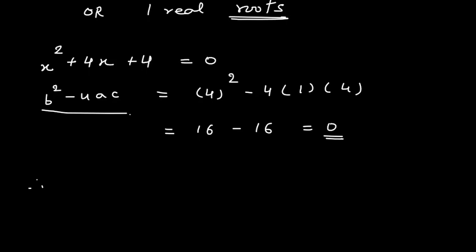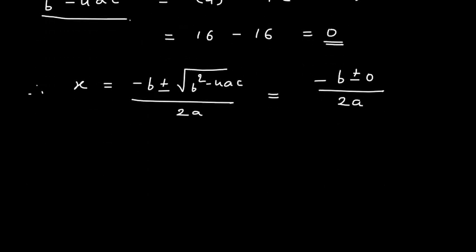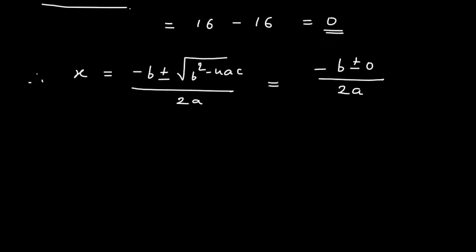Therefore, as b square minus 4ac is 0, we have x is equal to minus b plus minus root of b square minus 4ac upon 2a. Now as this part is 0, this is minus b plus or minus 0 upon 2a, and if you add 0 or subtract 0, there is no change.